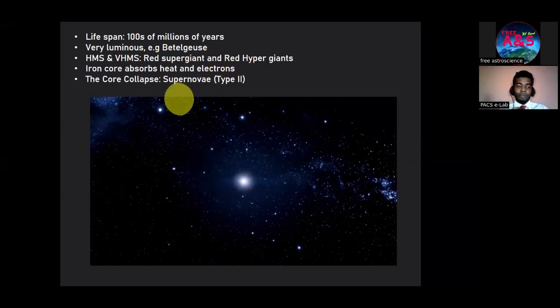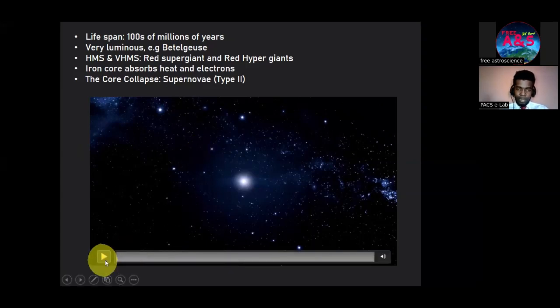So these are some of the information that I missed. Then we have the iron core, which will absorb the heat and the electrons. And once these support systems are out, the core is going to collapse and a supernova is going to result.